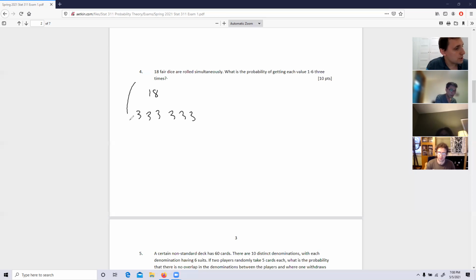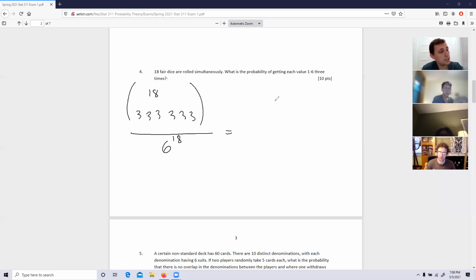Yeah, so this is the distribution of the 18 dice into the groupings, and then of course I already know which die displays which value, and that's supposed to be divided by the fact that each die can produce independently any one of the 6 values, so it's 6 to the power of 18.